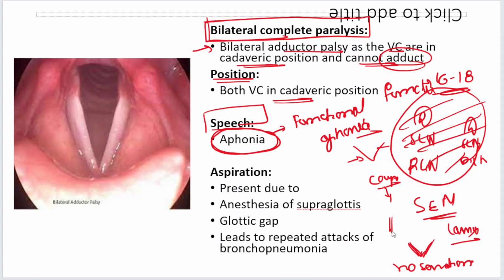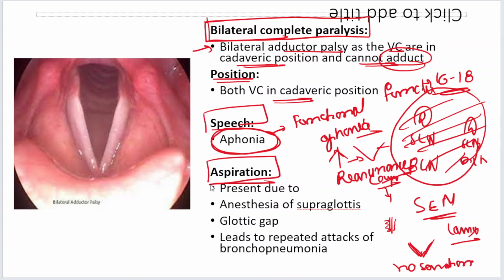Both the vocal cords should come together in the midline and provide an airtight closure of the entire lung, so that there is no air leak. Only then is cough possible. When cough is possible, you say, this is a functional aphonia. You refer the patient to a psychiatrist, or you can give counseling. But basically, reassurance to the patient's attenders is important.